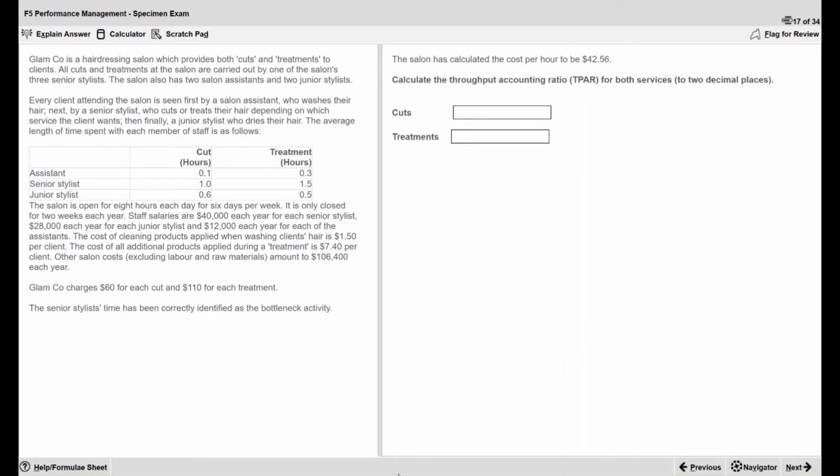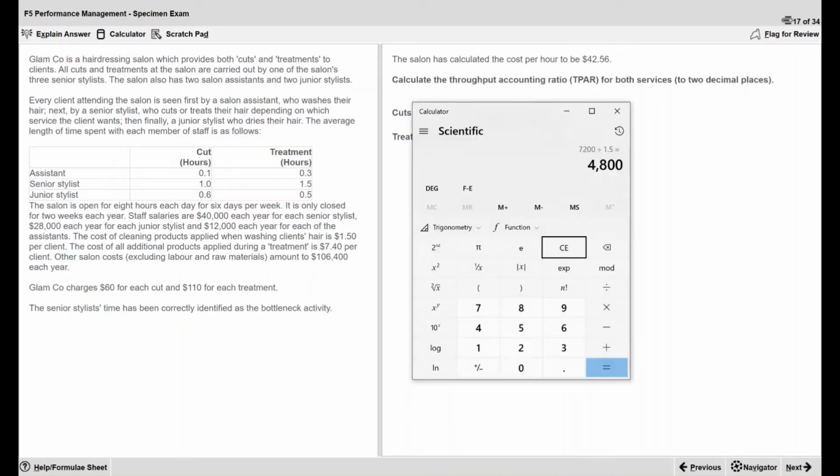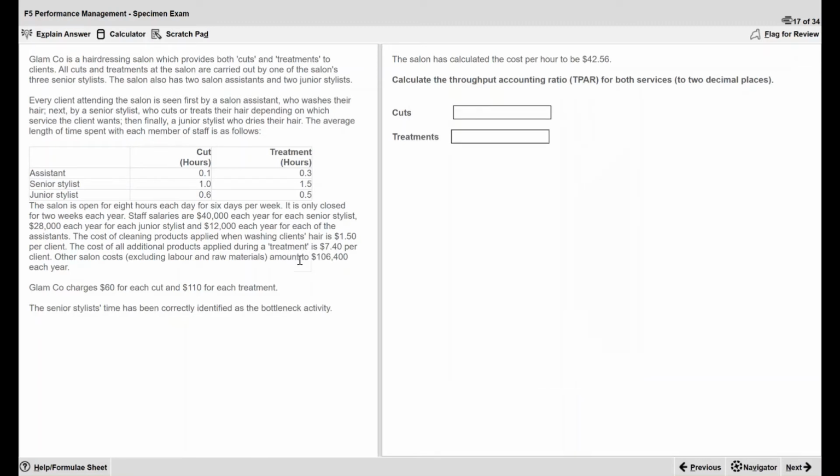So they said here, cut can be sold for 60, and the material that we use, because labor is not included in contribution, throughput contribution, cost of cleaning products applied when washing the hair is 1.50 per client. The cost of all additional products applied during a treatment is 7.40 per client.